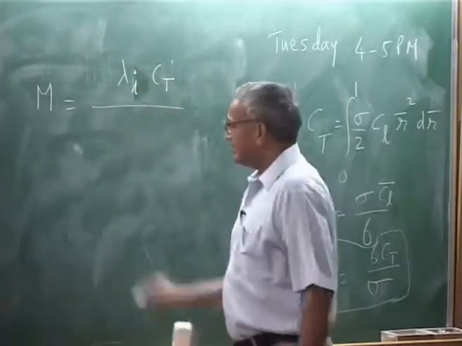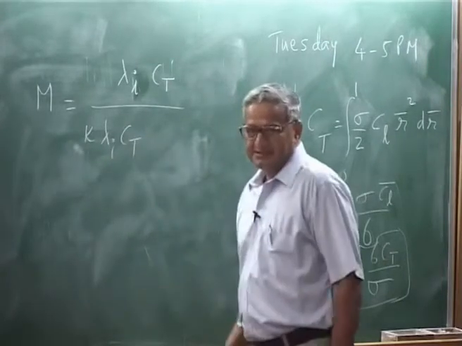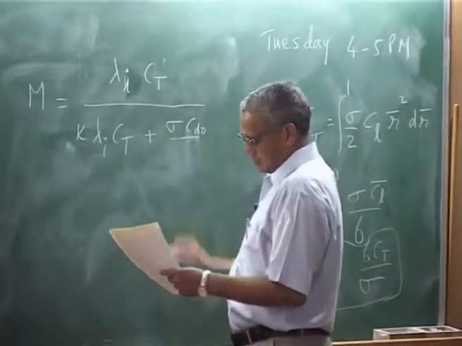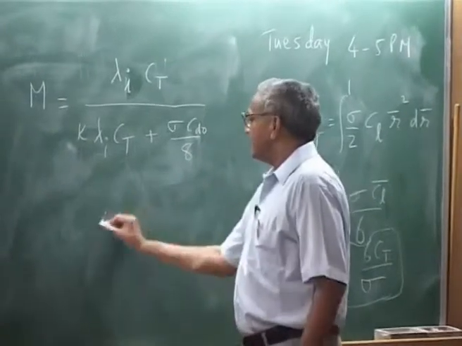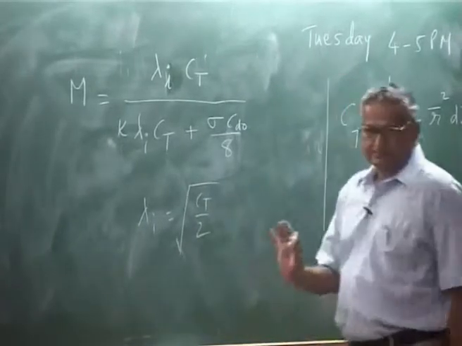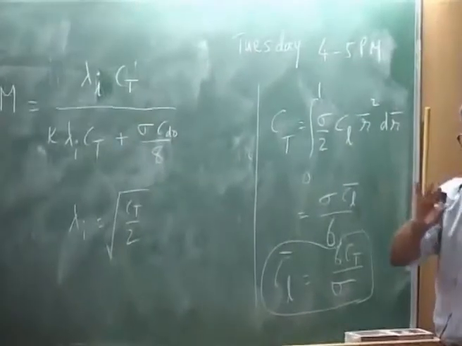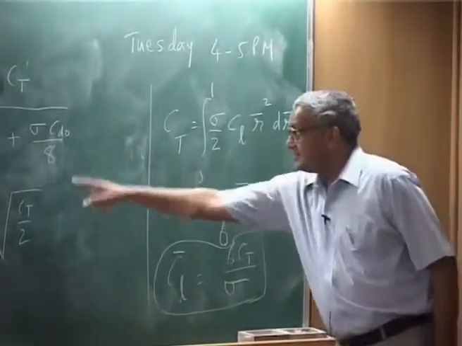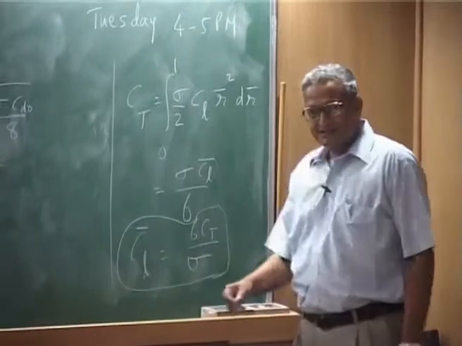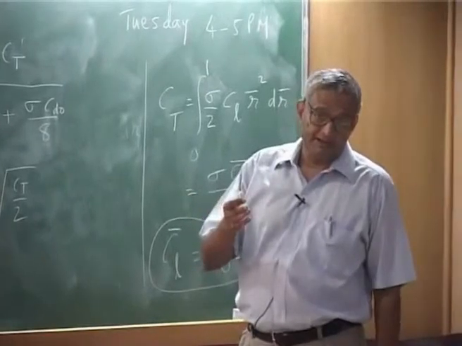This is for hover only, and then you have lambda I Ct plus sigma over 8. And lambda I for hover is root of Ct over 2. Basically what we are going to replace is this CT in terms of CL bar, that is some kind of a mean lift coefficient for a section.